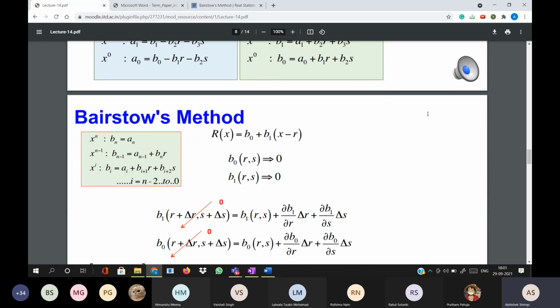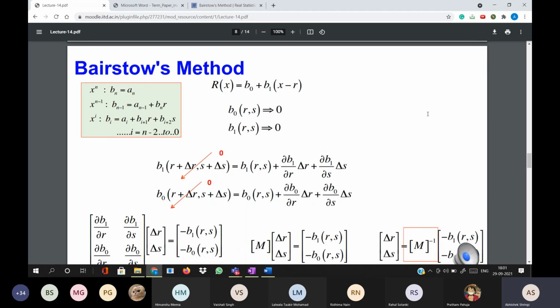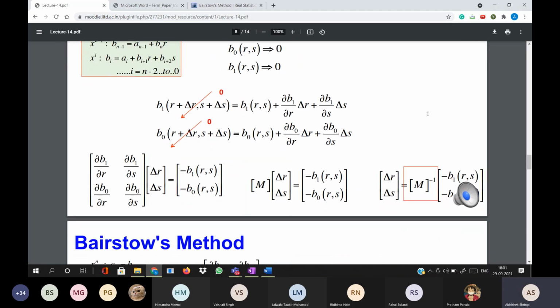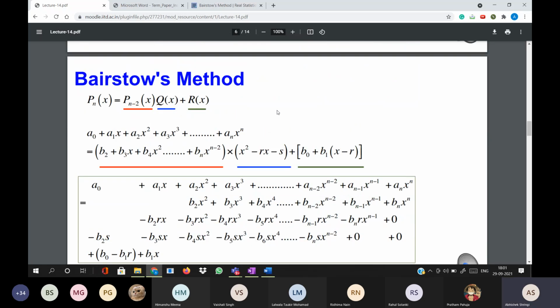After that, to get at the answer, we choose particular values of r and s by our wish. We can take whatever initial guess we want, and we have to iteratively go towards the actual r and s, because the initial guess may not be correct.